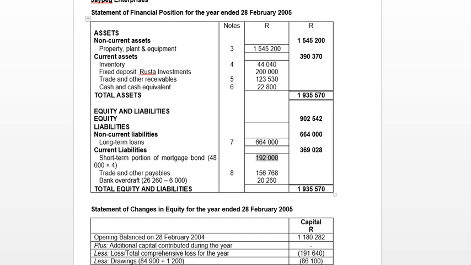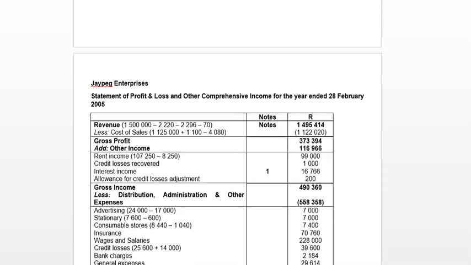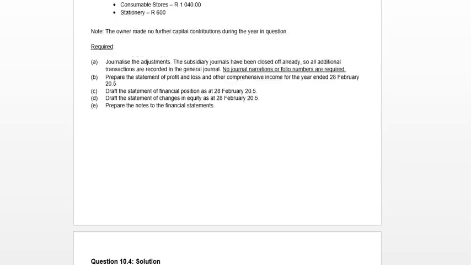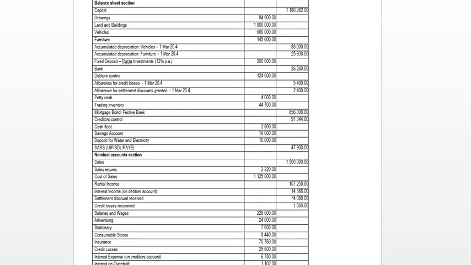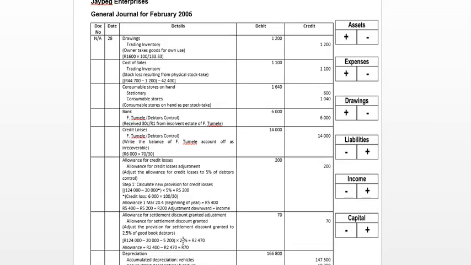So you need to split your loan into the long-term portion and the short-term portion. Okay, and then finally our trade and other payables. So our trade and other payables, that will be our creditors control of 91,344, and it will be what we owe SARS of 47,900 Rand.